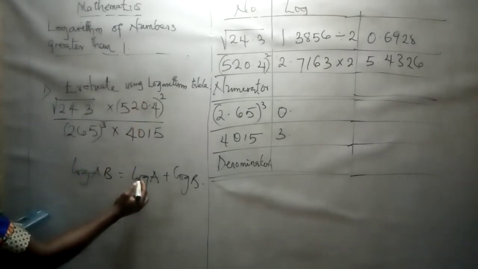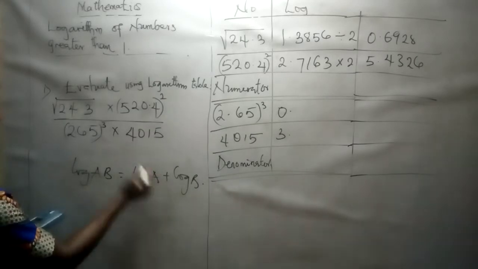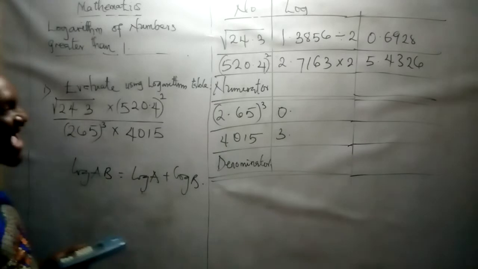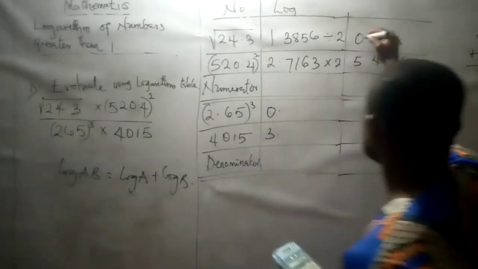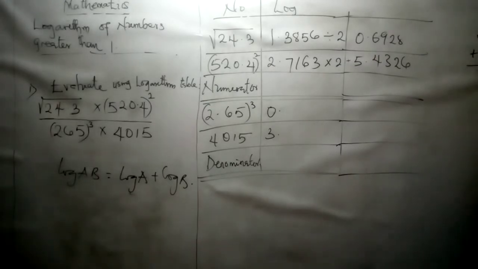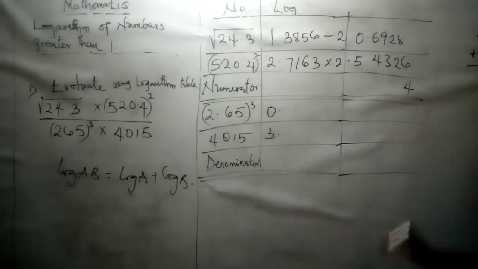Is the same thing as what? Logarithm of A plus logarithm of B. And already we've got the logarithm of this first one, we've got the logarithm of the second one, thereby we have to add both of them. So we add this plus this very one. Okay, so by addition, 8 plus 6 gives 14, we write 4.